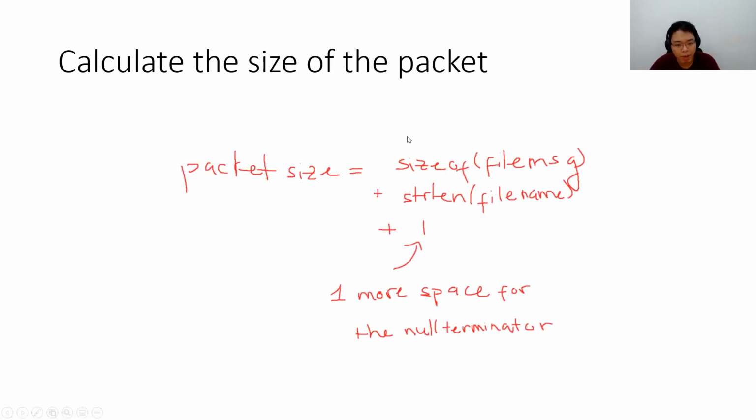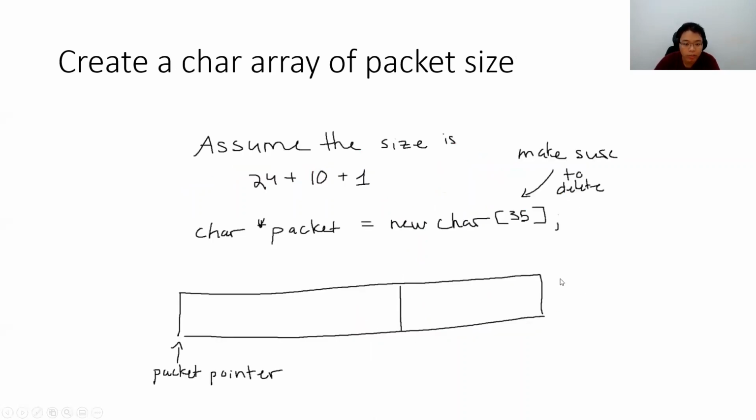So how do you calculate the packet size? Because before you can even create this packet, you have to create the size of the packet first, right? So the packet size will equal the size of file message plus the string length of the file name, and then plus 1, one more space for the null terminator. So assume the size is 24 plus 10 plus 1. I checked this.